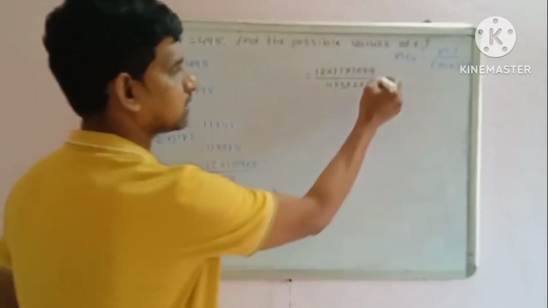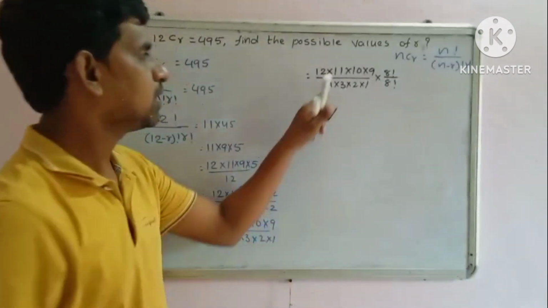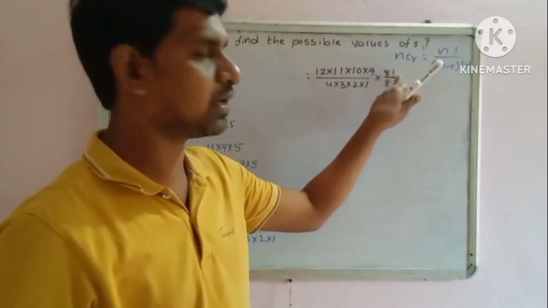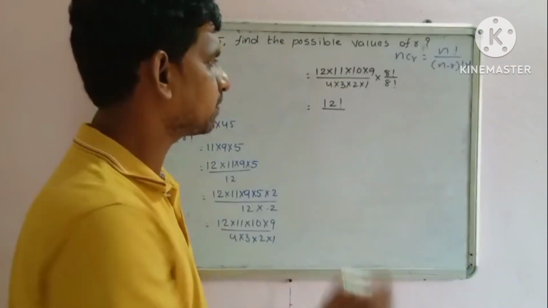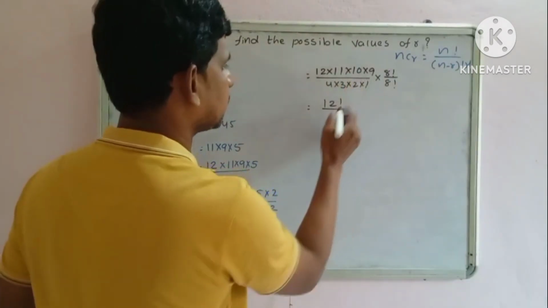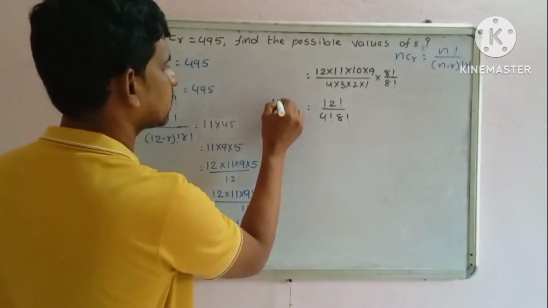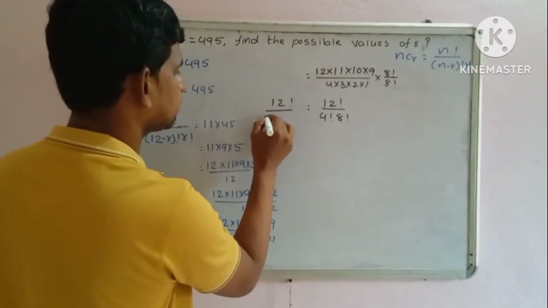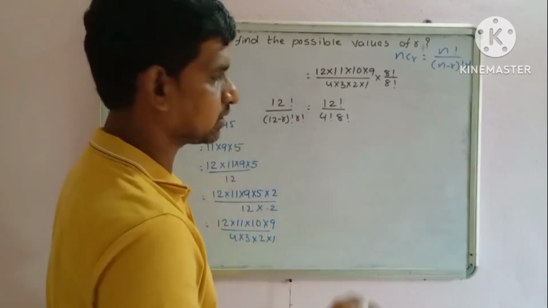Now multiply numerator and denominator by 8 factorial. Now see, 12 into 11 into 10 into 9 into 8 factorial is 12 factorial, and 4 into 3 into 2 into 1 is 4 factorial into 8 factorial. What is this? 12 factorial by (12 minus r) factorial into r factorial.